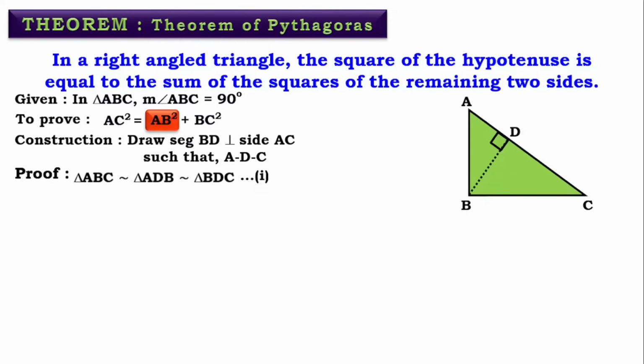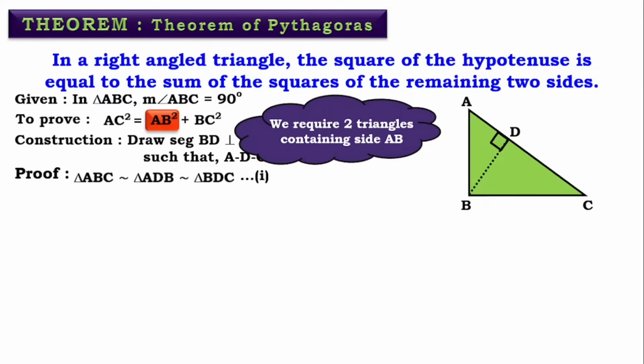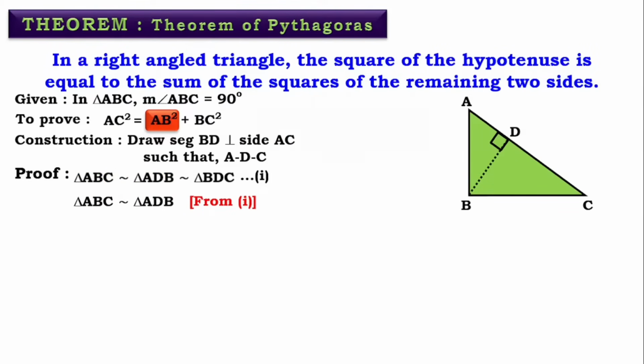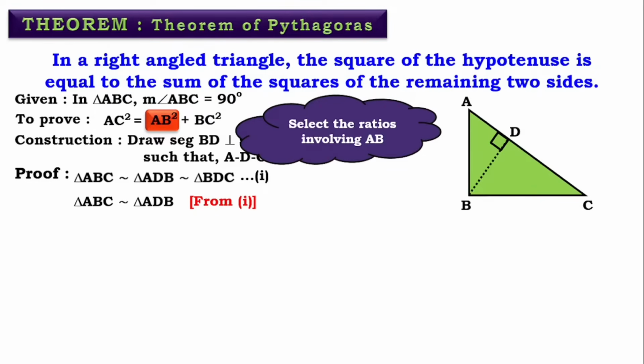AB square. We require 2 triangles containing side AB. I have triangle ABC, I have AB in that, and I have triangle ADB over here. Triangle ABC is similar to triangle ADB. From 1, select the ratios involving AB. So where is my AB in triangle ABC?